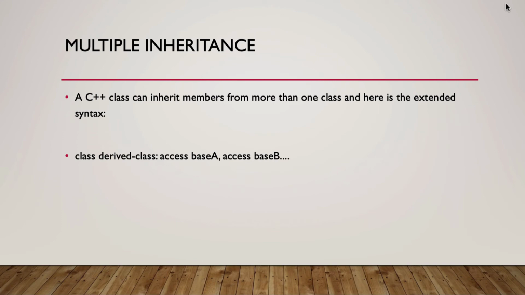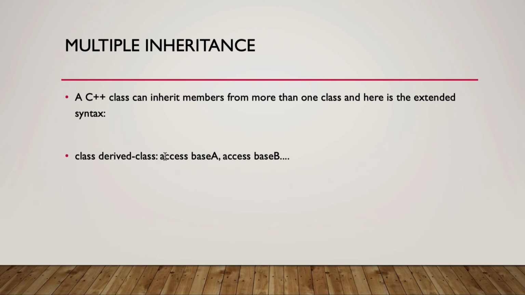C++ also supports multiple inheritance. A C++ class can inherit members from more than one class, and here's the syntax. So basically you use the identifier of the derived class, then colon, access space A, comma, access space B, comma, and so on.